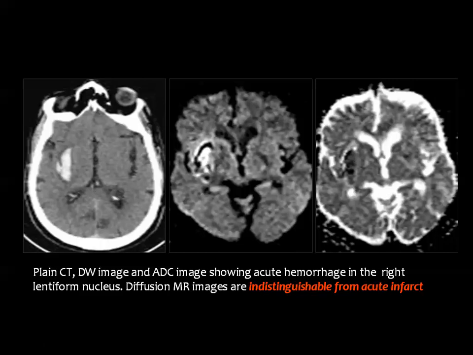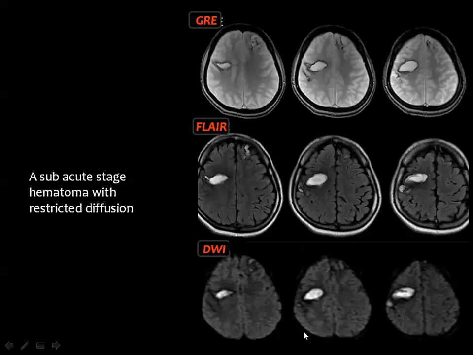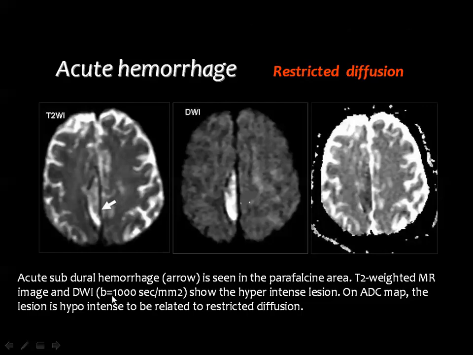But if you go back to the CT or even MRI, then you see that this is a hemorrhage. And this explains what I have said, that diffusion weighted images in cases of hemorrhage may disturb your interpretation. And this is the gradient image, which is very sensitive to blood. And this is the flare image, and this is the diffusion weighted image.